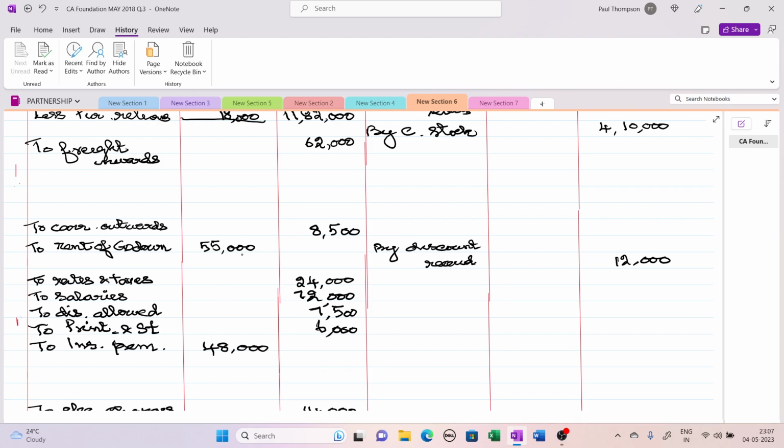So this 55,000 is for 11 months because we are preparing the account for 12 months. If it is for 11 months 55,000, for 1 month it is 5,000. 55,000 divided by 11 is 5,000. They say that 1 month rent is outstanding.